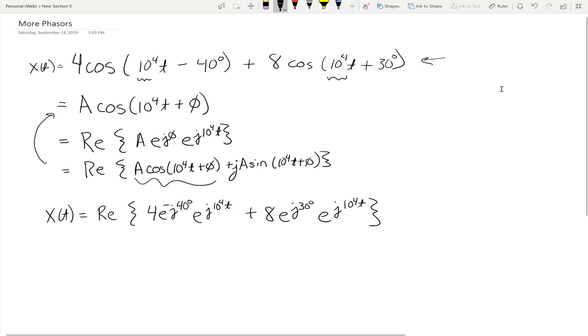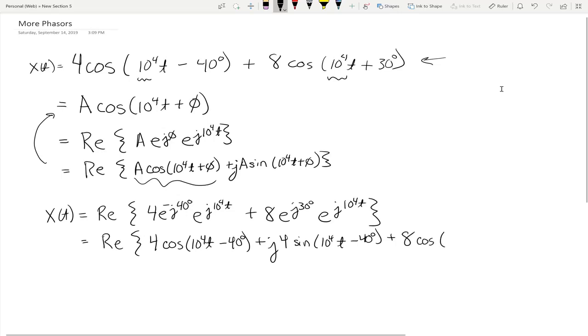If I expanded both of those out, I'd get the real part of 4 cosine (10 to the fourth t minus 40 degrees) plus j 4 sine (10 to the fourth t minus 40 degrees) plus 8 cosine (10 to the fourth t plus 30 degrees) plus 8j sine (10 to the fourth t plus 30 degrees).